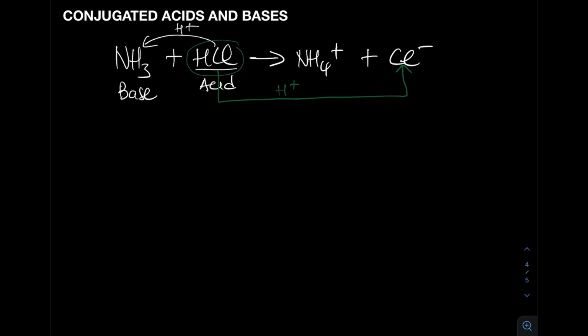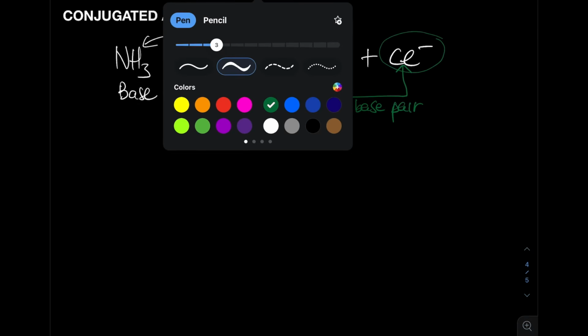This one has the proton, and this one doesn't have a proton. So now these become pairs because the difference between them is the H plus. We call them a conjugate acid-base pair.